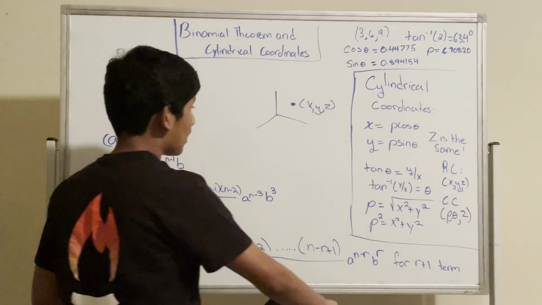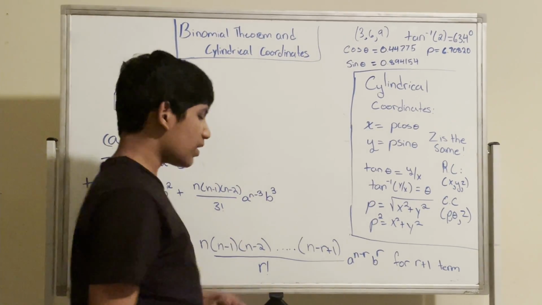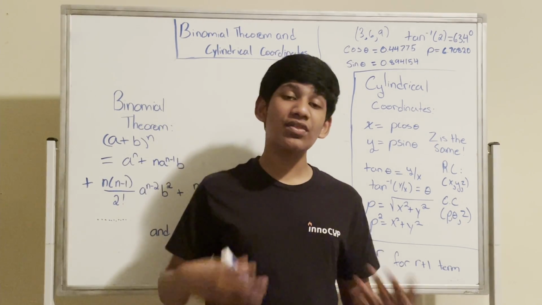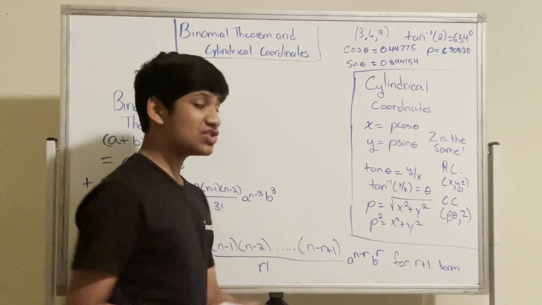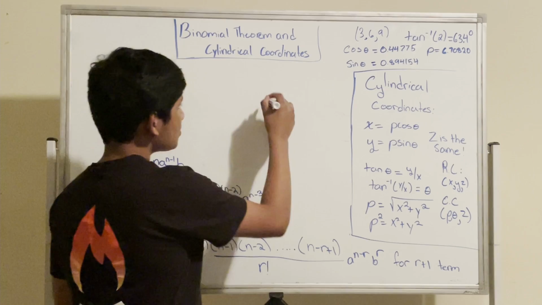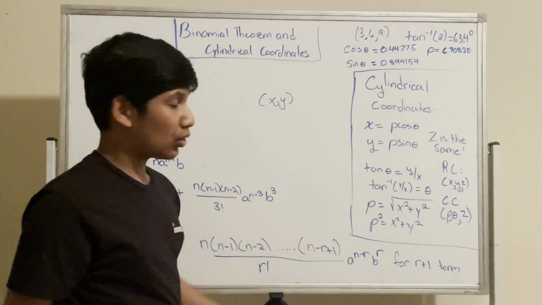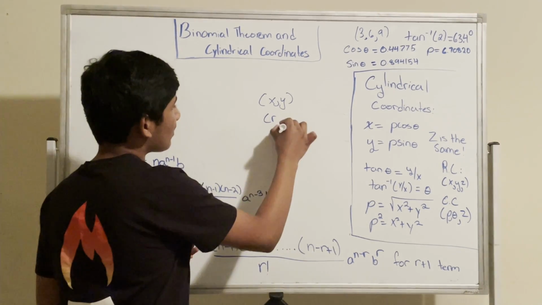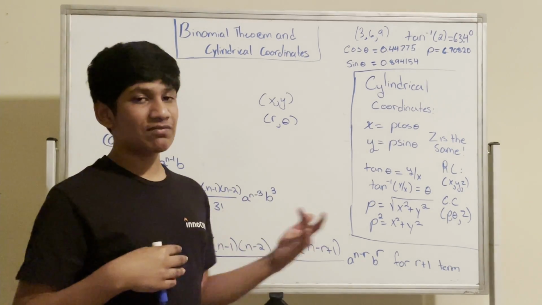Now, I created a video on something called polar coordinates. Polar coordinates is another type of coordinate system. In the rectangular or Cartesian coordinate system, we just have x, y, and this is 2-dimensional. In the polar coordinate system, we have r, theta. Theta refers to an angle, and r refers to the length of the line.